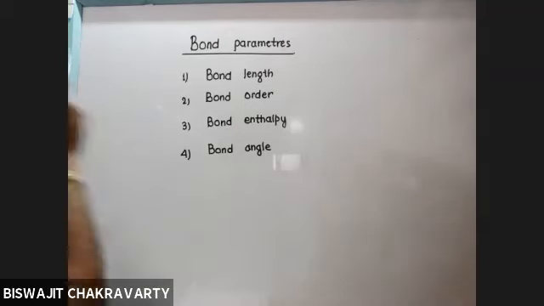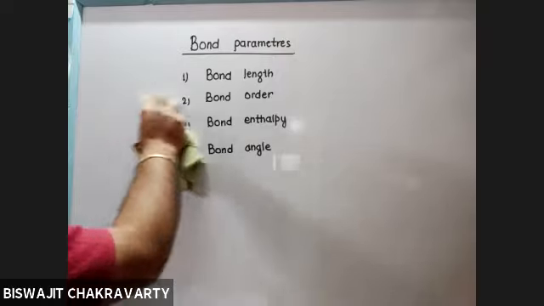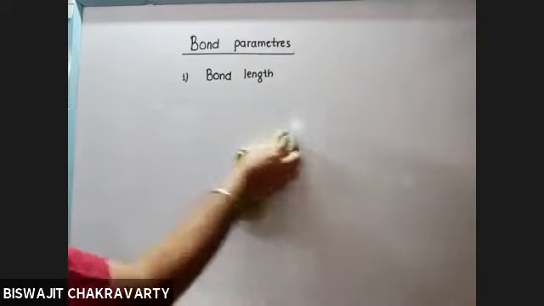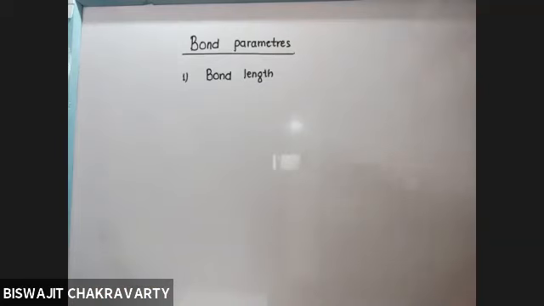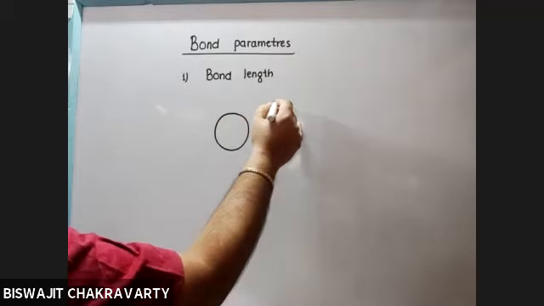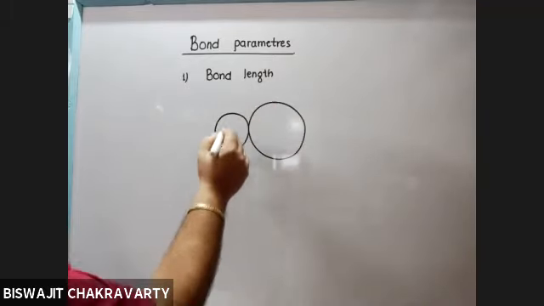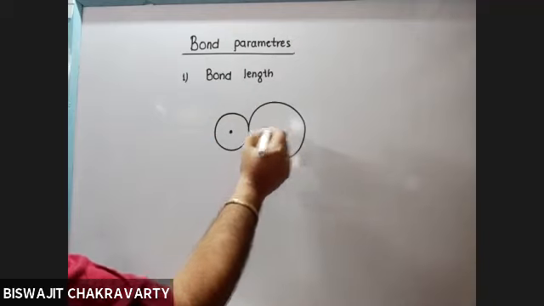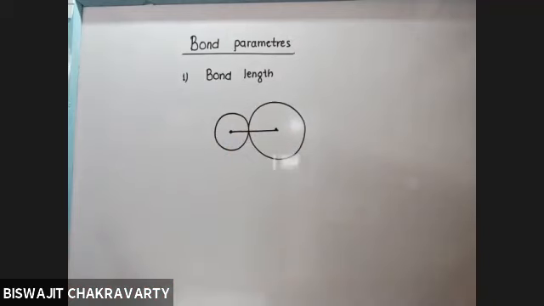We'll first talk about what exactly is bond length. So we know that whenever two atoms combine with the help of any chemical bond, when we talk about two atoms of different nature, then the distance between the nuclei of the two atoms is referred to as the bond length.